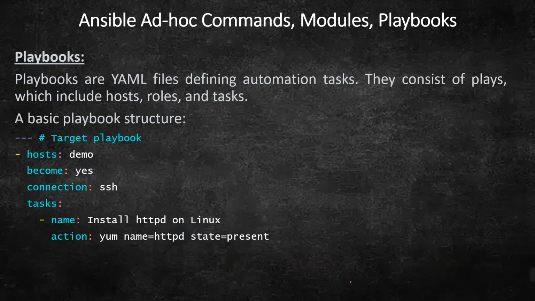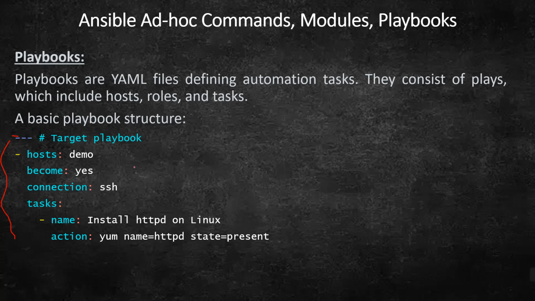They can consist of plays, which include the hosts, roles, and tasks. This is the basic format of an Ansible playbook. You can see it starts with three hyphens. You have to start the playbook with three hyphens, and since it's a YAML file, you have to maintain the indentation.